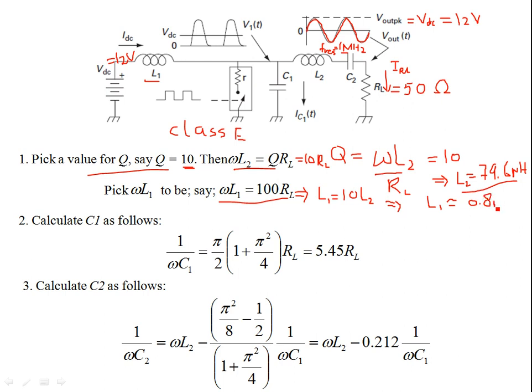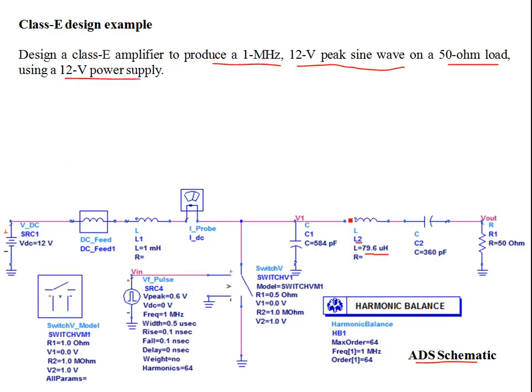It's a large inductance, and without any loss of generality, even if you set it to, say, 1 millihenry, which is practically more convenient to find and plug in as an RF choke over here, there won't be any difference in the circuit performance.